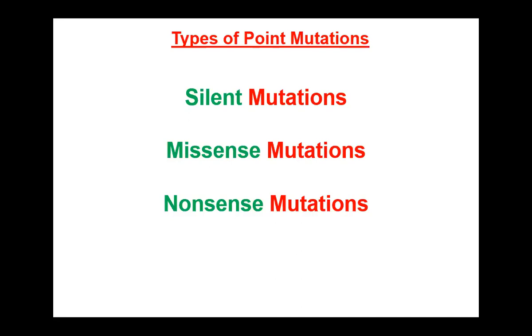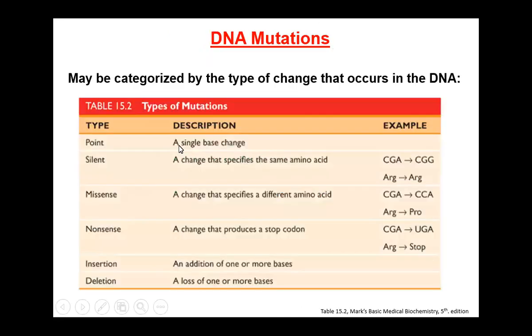In addition to point mutations, going back to this table here, there can also be insertions and deletions. So the addition of one or more nucleotides or the deletion of one or more nucleotides.